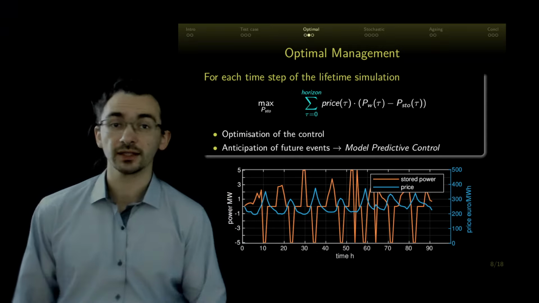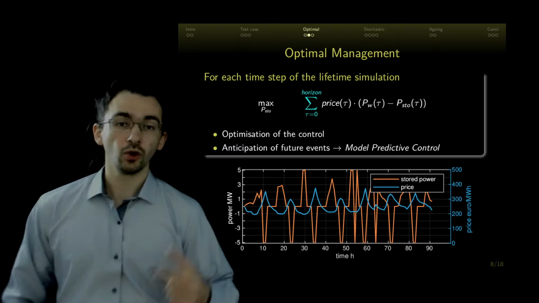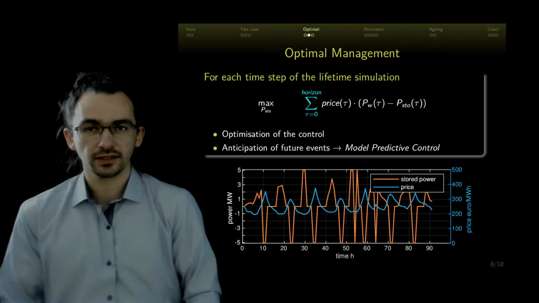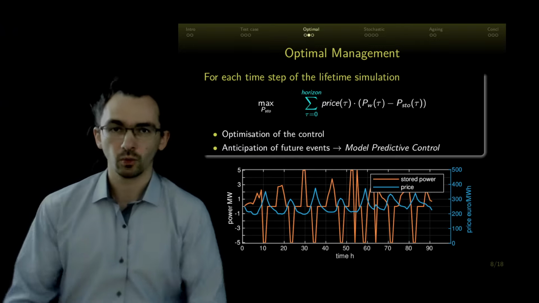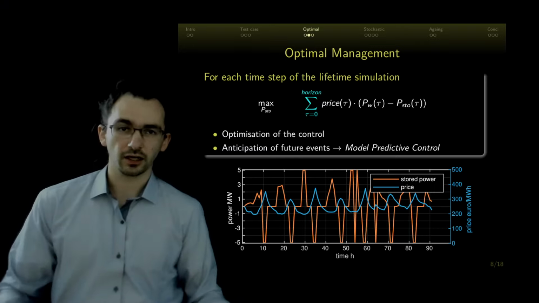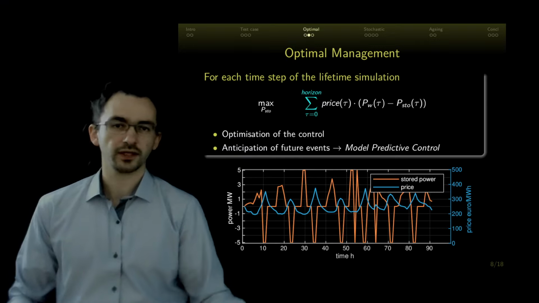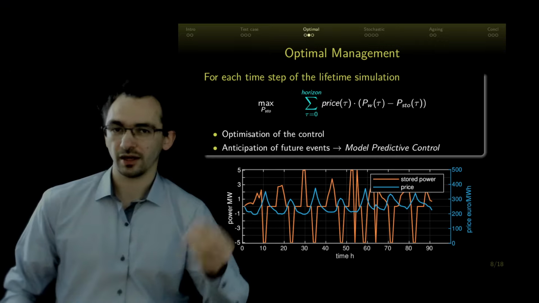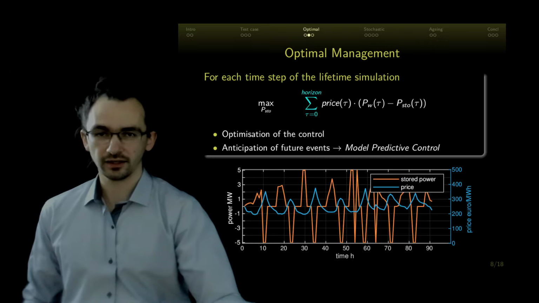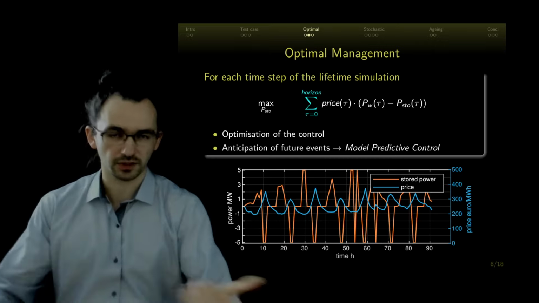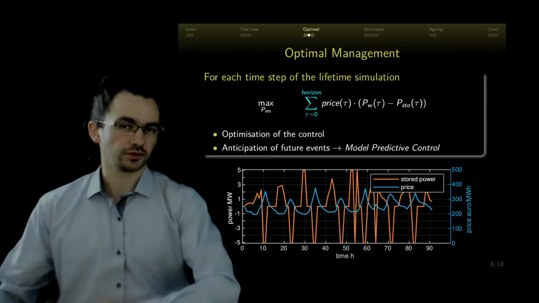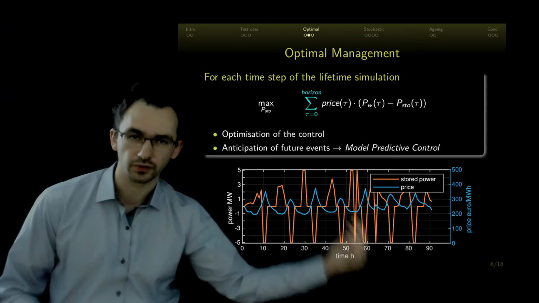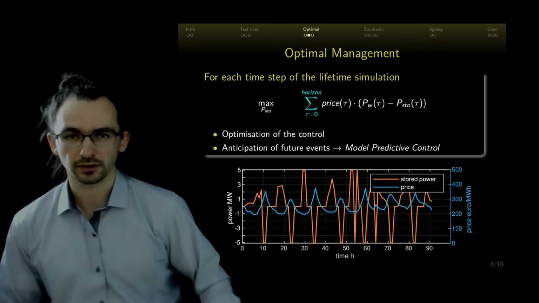And if I try to manage my battery knowing these prices, anticipating it, and assessing the optimal storage power with this optimal control, we obtain the red curve, and here we can see that each time the price is high, then I will discharge the battery, so it is the negative powers, and when the price is low, I will try to store the wind production in order to sell it later on.